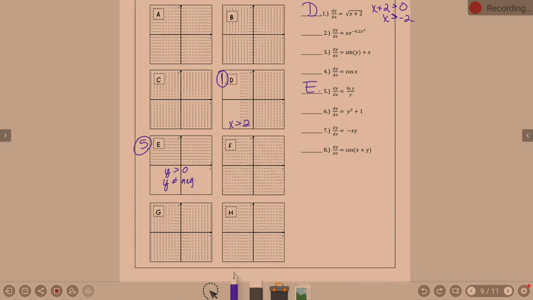Let's try it. I'm going to say H and 4. Why would you say that? Because the H looks like a sine graph, and so when you do the derivative of sine, it becomes cosine. Does that make sense? So this is the derivative.